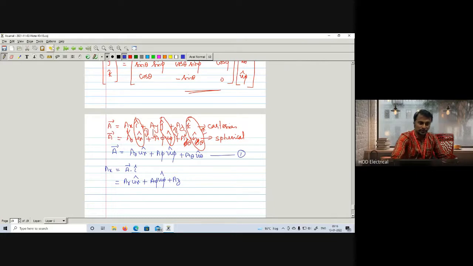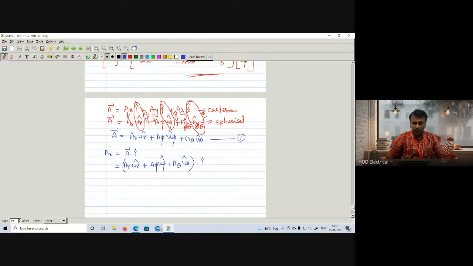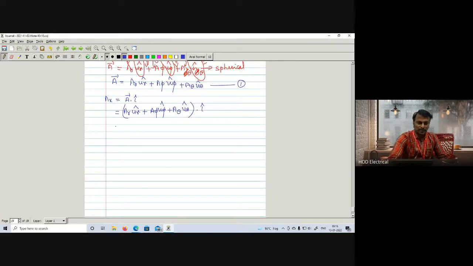Every time I am using this, don't be confused. Now we have that component. What is Ar? Let me take another bracket. What is u r in terms of i, j, k?